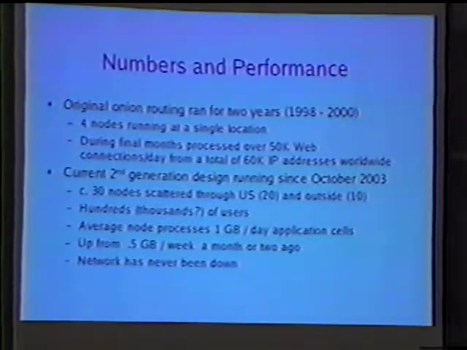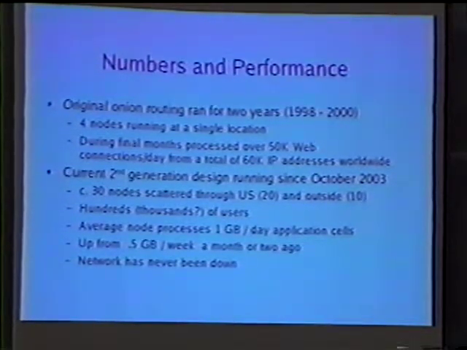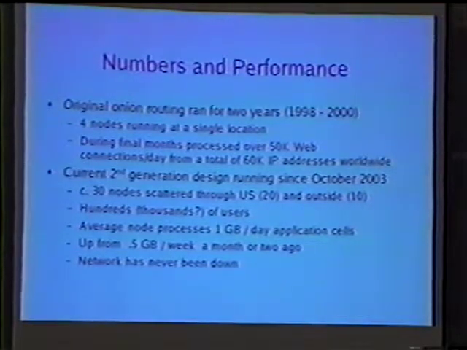Okay, so a couple of years ago, we had an original version running, and this was pretty much centralized, running at the Naval Research Lab. It handled something like 50,000 web requests a day, so there is clearly a want for this sort of technology. The next generation one, we've been running it since October, and we've got 30 nodes around the world.